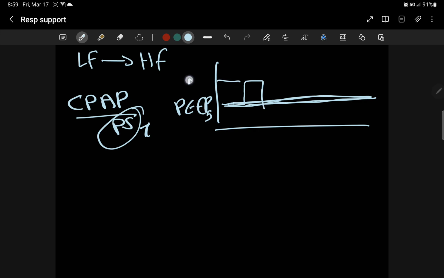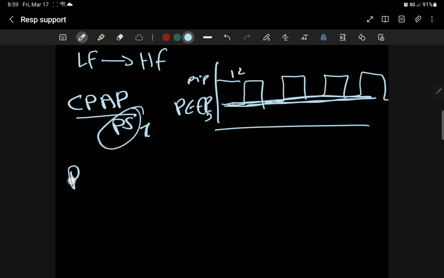So it gives you a small PIP difference here, which adds to 12. Okay, so that's basically like a BiPAP or an NIPPV, but giving you pressure support. You give the patients that baseline pressure, which is normal, and then whenever they take a breath, that gives them the extra support that they need.